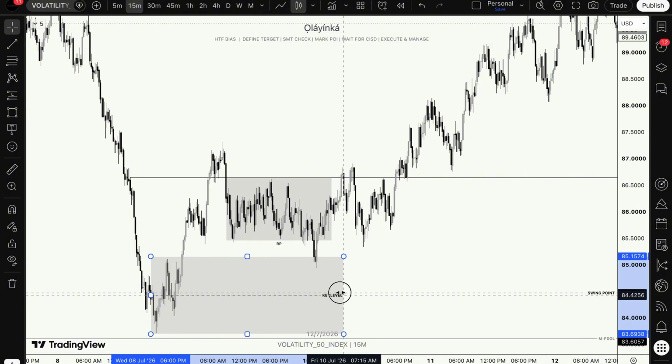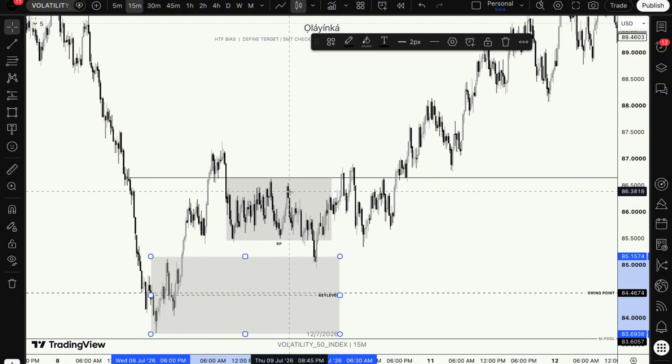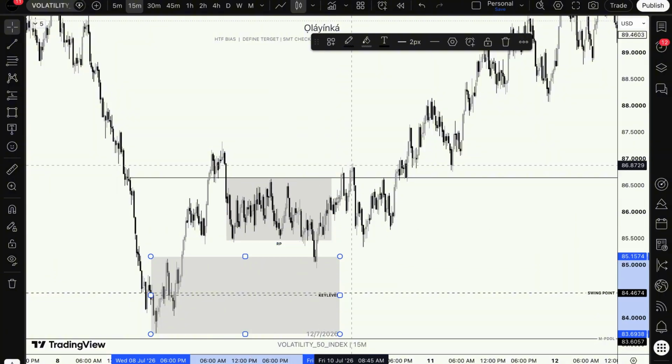You understand? So when I saw this ranging profile close to my POI, some people would have entered here when this broke this place, and said, okay, it has not even manipulated before it broke the place.